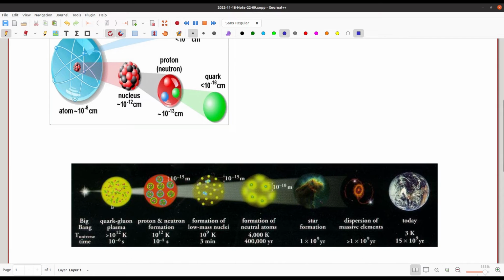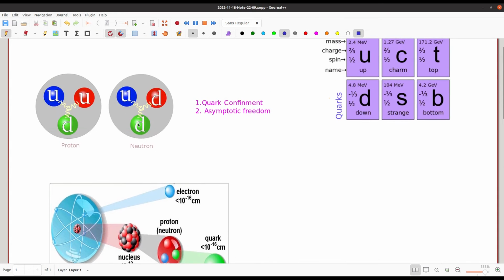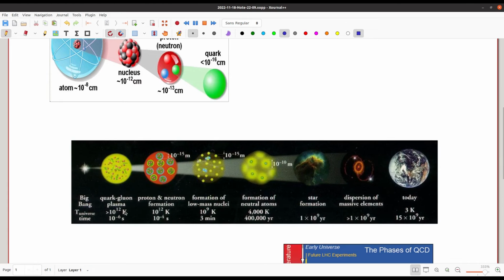After 1 microsecond of this blast, a medium was created. It is known as Quark Gluon Plasma, as I mentioned. The quarks and gluons are in a free state, and the temperature is larger than 10 to the power 12 Kelvin, just after 1 microsecond.